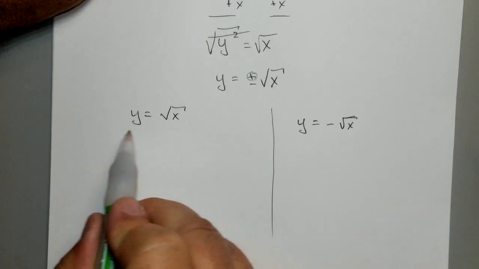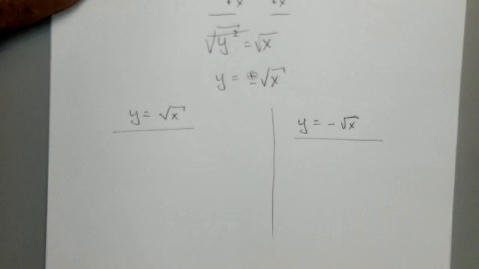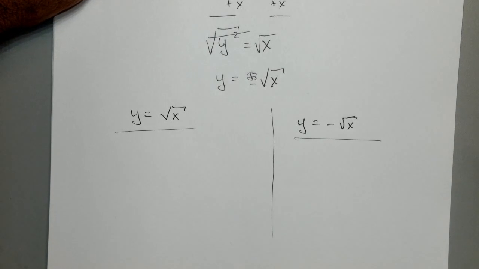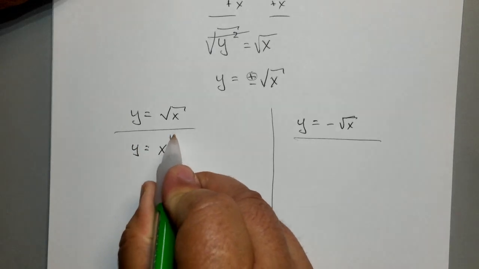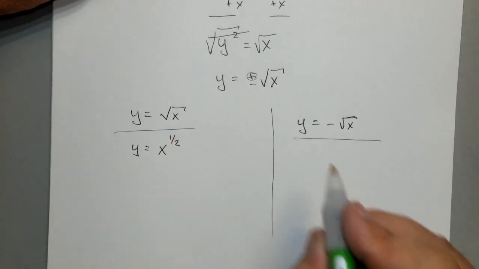So we're going to take both sides. We're going to take the positive radical and the negative radical. How would you find the derivative of this? What do you have to do first? Very good. You have to rewrite this as an exponent.